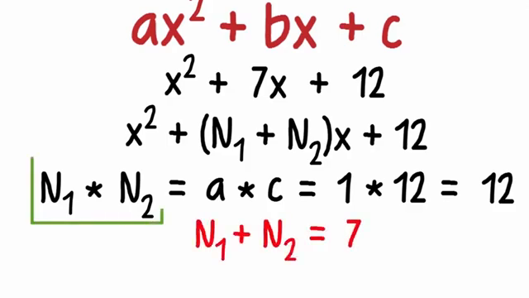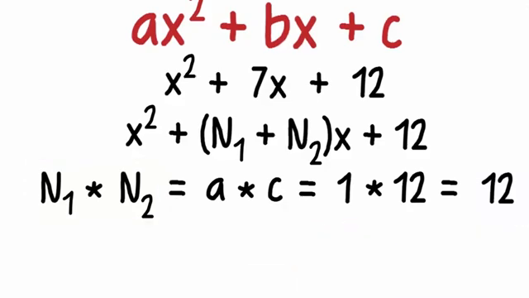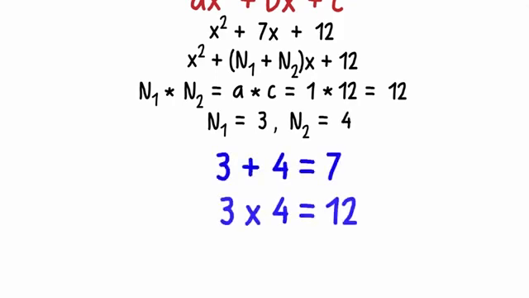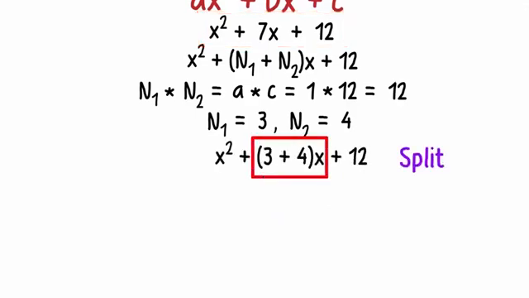So can we think of two numbers such that n1 plus n2 is 7 and n1 times n2 is equal to 12? Yes, 3 and 4.